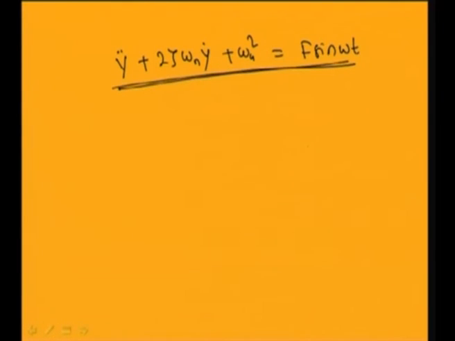As it is reducing to this form, you can write y1 equal to e to the power minus zeta 1 omega 1 t into a1 cos omega d1 t plus b1 sin omega d1 t.